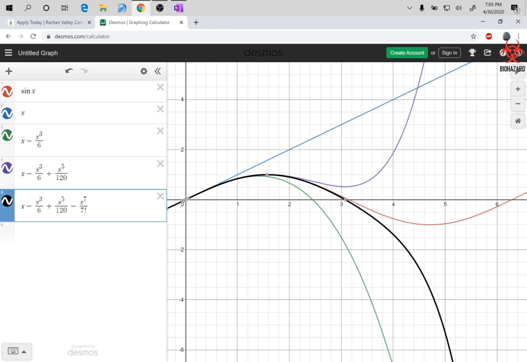So when I go from green to purple, from 2 terms to 3 terms, you see that the precision is better because the purple line rides the red line longer than the green line. Green line diverges from red sooner.